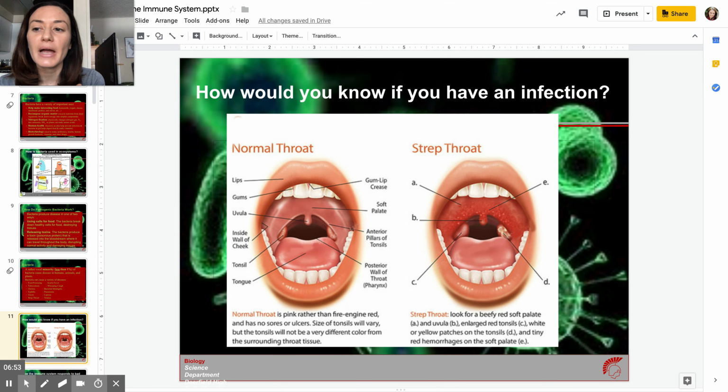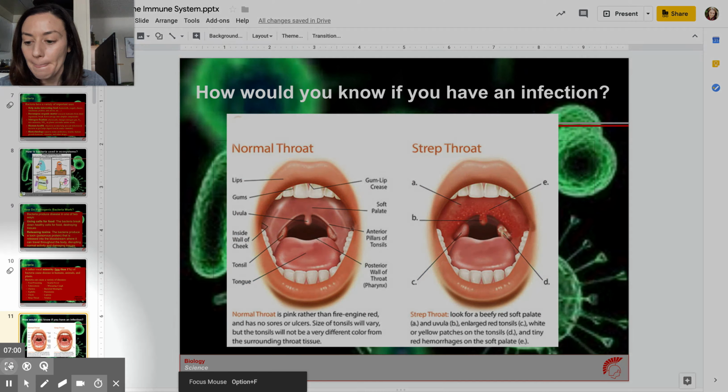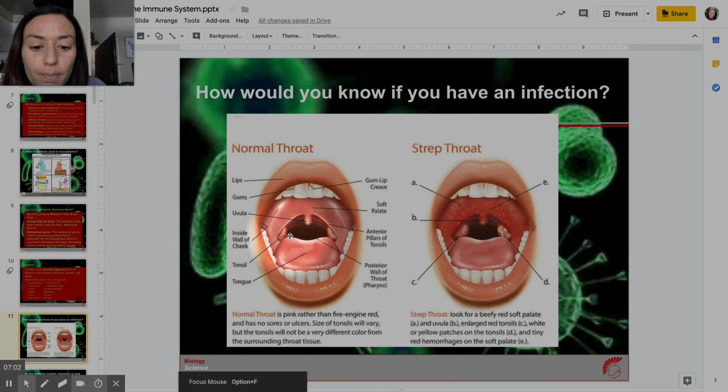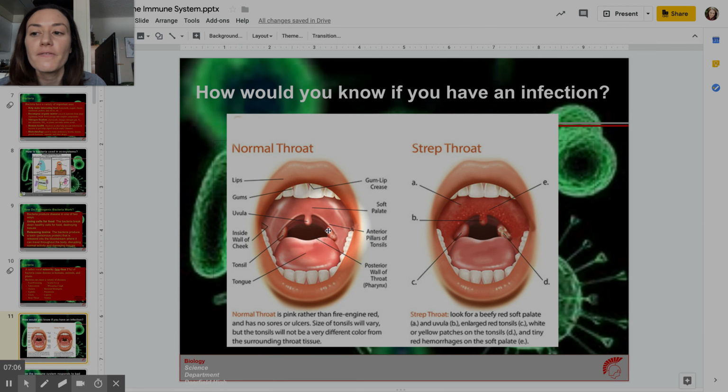So you'd open up your mouth, you take a look and see if it's normal. You're going to look back at your tonsils and you're going to see, okay, are these infected? Are they swollen? Are they red? Maybe they're a little bit inflamed.